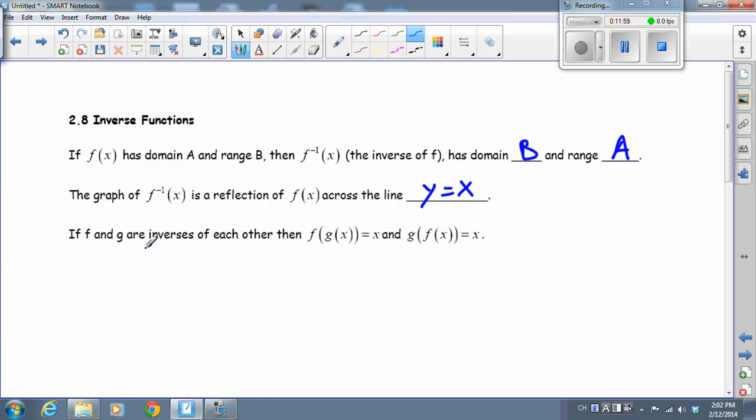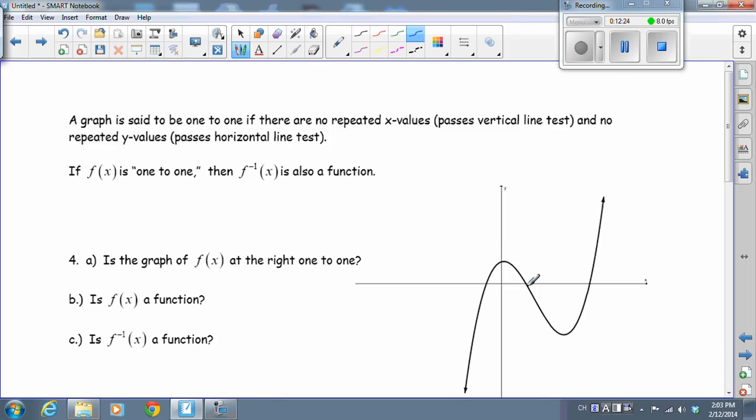And if f and g are inverses of each other, I want to highlight a few things. If f and g are inverses of each other, then f of g of x is equal to x and g of f of x equals x. So if they are inverses, f of g of x equals x and g of f of x is also equal to x. Let's practice this.